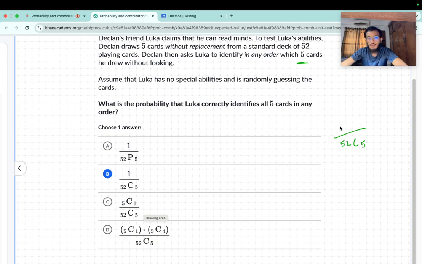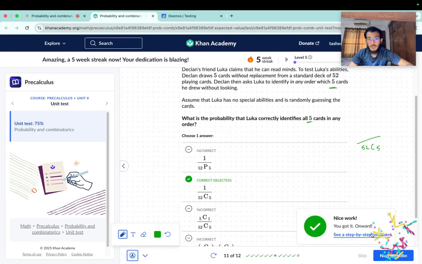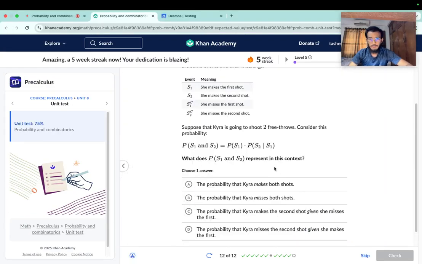The probability that Luca correctly identifies all five cards. So you have to have the same combination of cards that was selected. So the answer is B. Only one combination. This is the favorable outcome over total outcome.